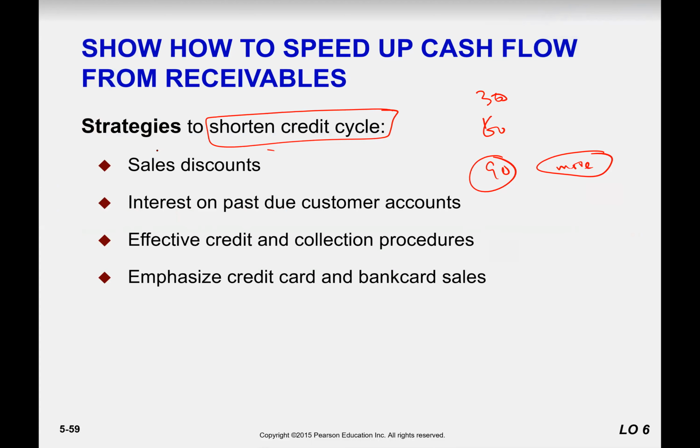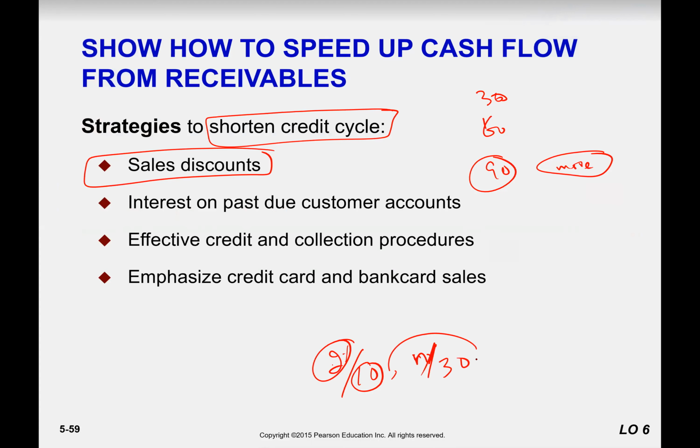Number one, sales discount. You ask your customers, if you pay us early, so this 2/10 net 30 means if you pay us in 10 days, we will give you a 2% discount. Otherwise, the net amount is to be paid in 30 days.